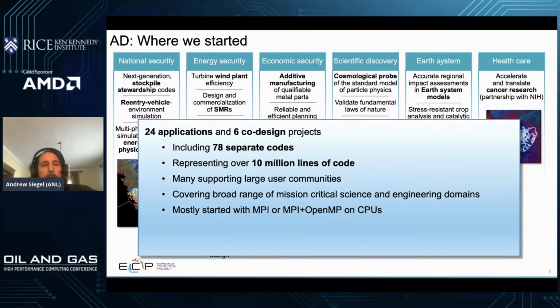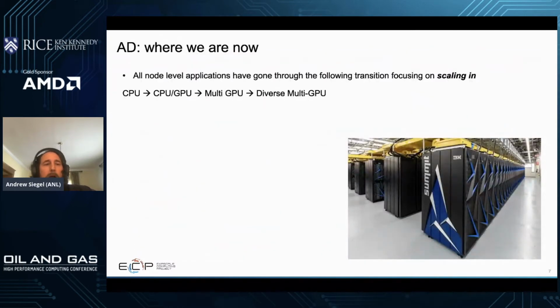Now, where are we at this point in the project? Well, all of the 24 applications I mentioned have gone through the following transition through a lot of work and a lot of research. I think of it more as scaling in than scaling up, because next generation systems have modest node counts compared to what you're used to, but the fine-grained parallelism exists on the node itself.